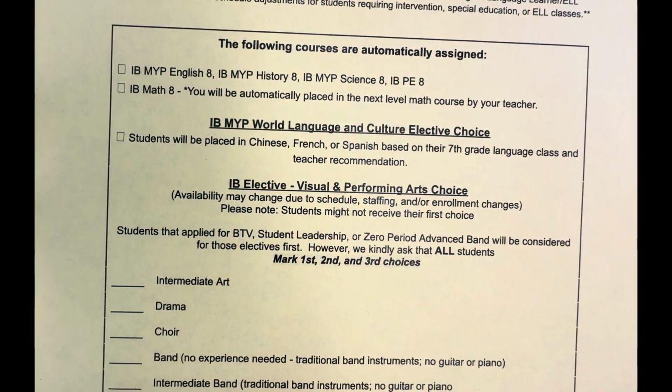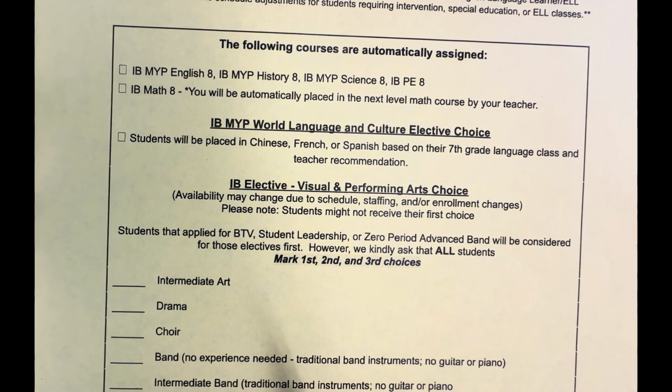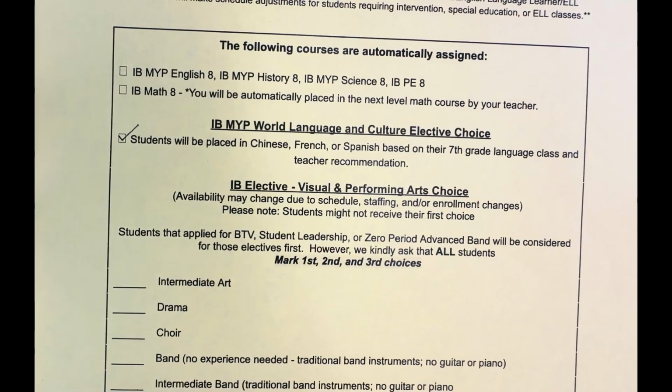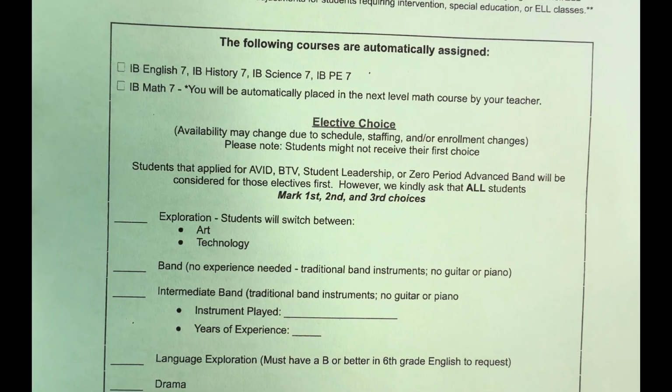If you are currently a 7th grade diplomat, you will be placed in your 8th grade language class based on teacher recommendation. So for you, you're just going to check that box right there. My current 6th and 7th grade ambassadors, you don't need to worry about that particular step.